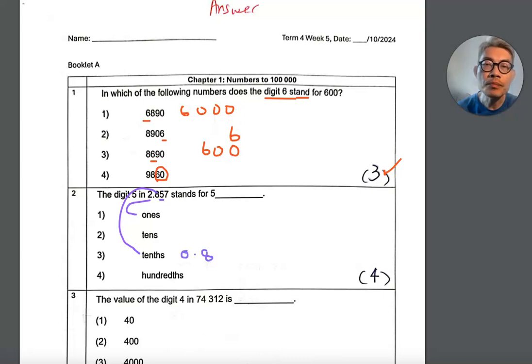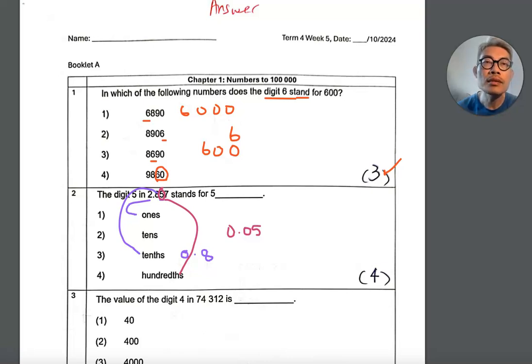That's not what we want. The next one, digit number 5. Now, 5 here is in the hundredths place, which means that it is actually 0.05. Okay, let's go to the next one now.